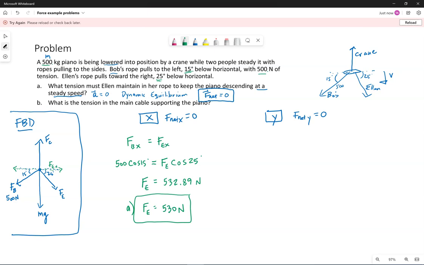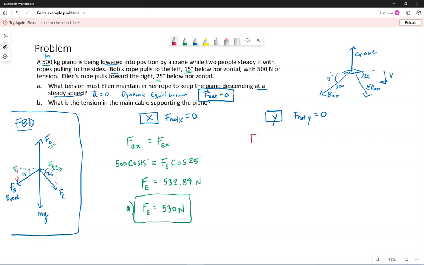Since the main cable is acting vertically upwards, we're going to be able to find that value by balancing out the forces in the y direction. So in the y direction, looking at our free body diagram, the cable is pulling up, Bob is pulling down, Ellen is pulling down, gravity is pulling down.